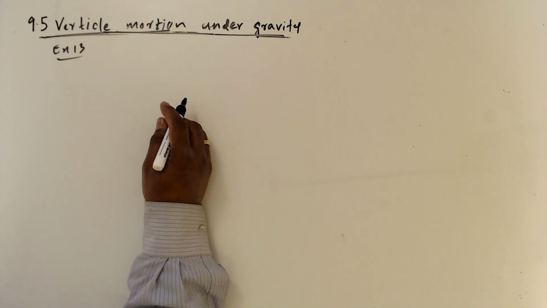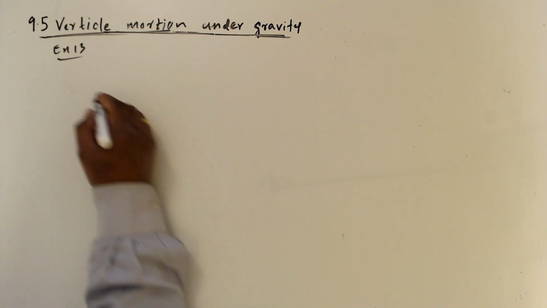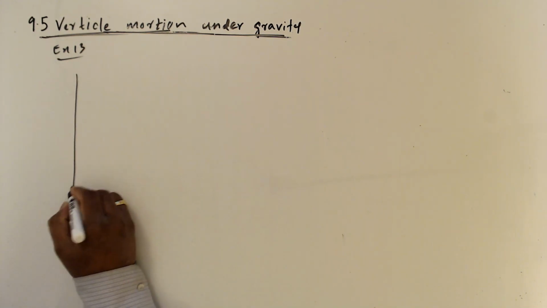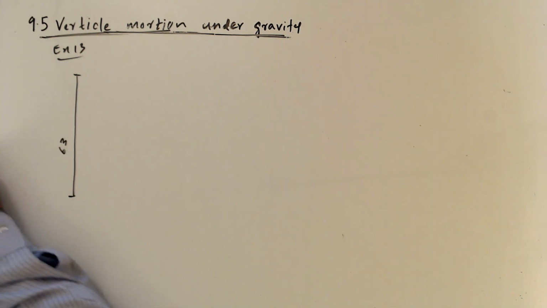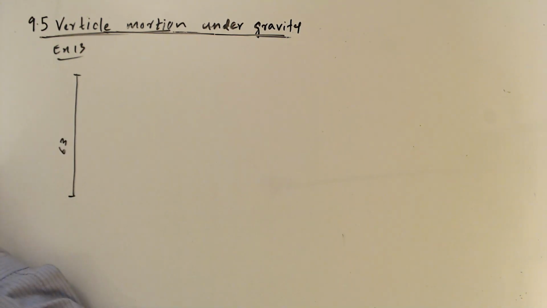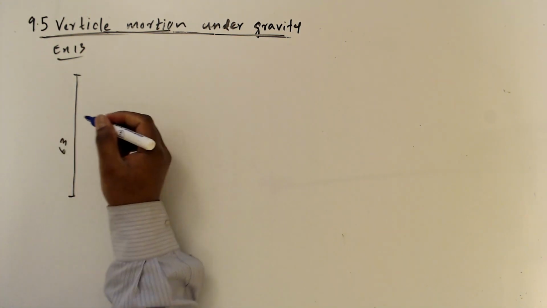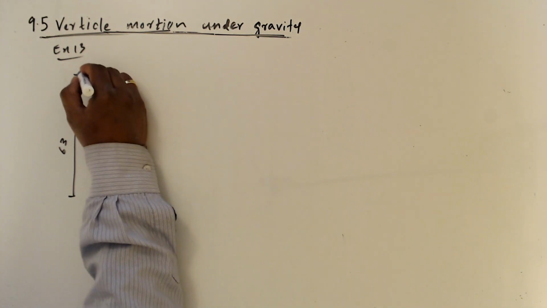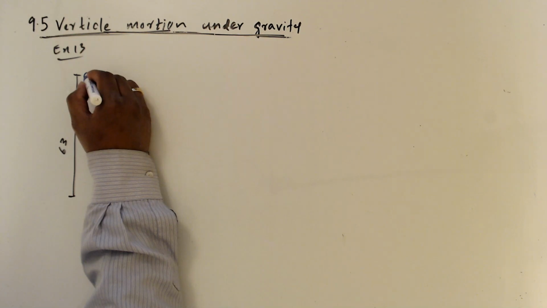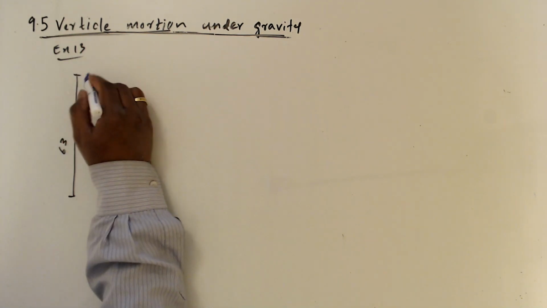Example 13. A ball falls vertically from the top of a tower 63 meters high. As mentioned, 63 meters. A ball falls vertically, so from here the particle is moving.